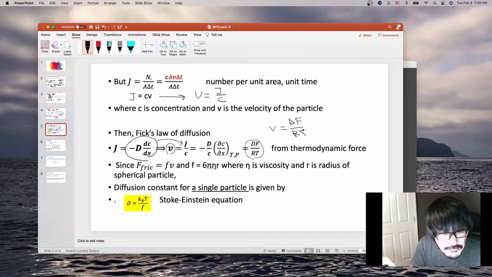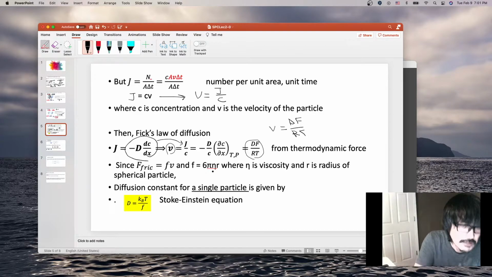But what's this F that's acting on the particle right here? That's the friction, right? And friction is given by the F multiplied by the speed right here. So the F, the friction coefficient, is given by this 6 pi eta r. I don't remember what this is called, but this is called the Stokes formulation. This is for the spherical particle. That's how much friction you actually get.